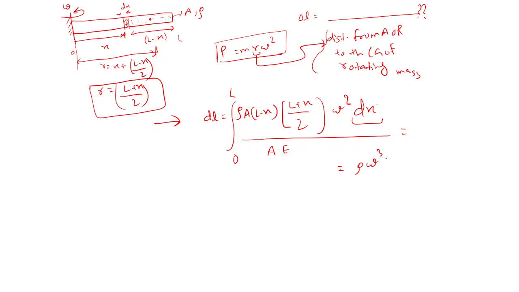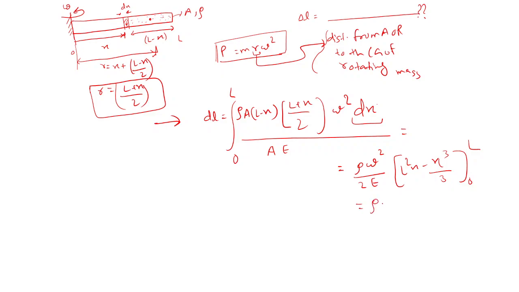rho omega square, L square by 3E. When we integrate it, it will come like this: x cube by 3, with the limit from 0 to L. So now we'll simply put the limits.